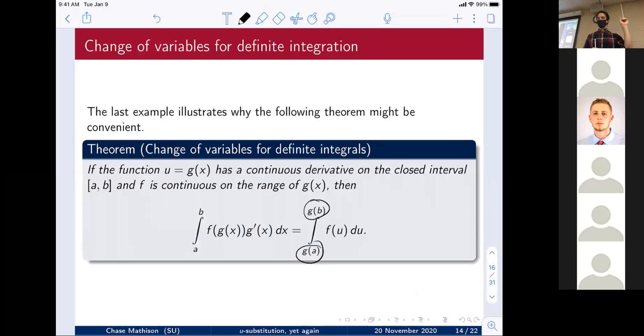How can I shortcut to doing everything in terms of u? That's what this theorem tells us, okay? And the way we do it is, once you make the u substitution, u is equal to g of x, then if the integral in terms of x is going from a to b, you just plug in x equals a and x equals b into this to find out where u is going between, okay?